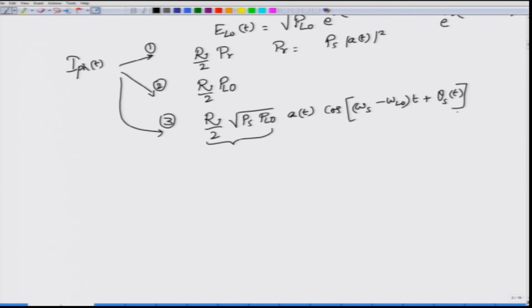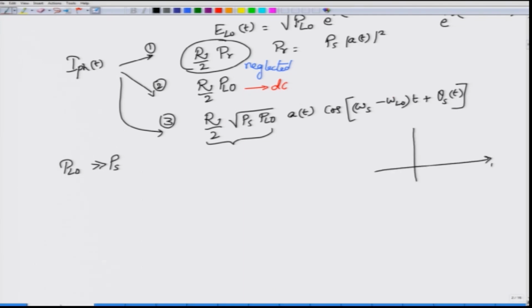We do not have a multiplier in the optical domain, but you have realized one by this operation. A couple of points: PLO is typically much larger than PS, therefore the first term can be neglected in comparison to the second term. The second term is essentially DC, because you are not modulating the local oscillator. So the time varying information is riding on this DC signal.